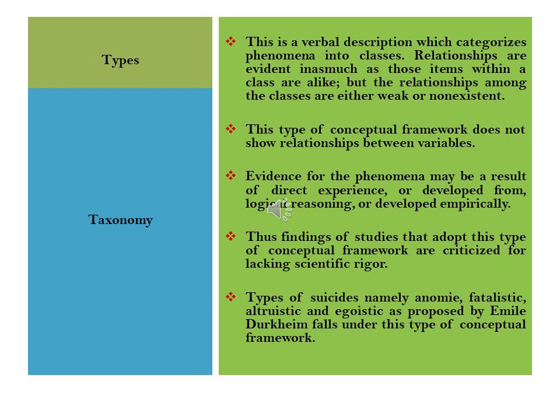If you recall, in our discussion of suicide, for instance, the types of suicides that are provided by Emile Durkheim, that is, anomic, fatalistic, altruistic, and egoistic suicides, can be easily understood as the taxonomy of suicide, that is, the various types of suicides.